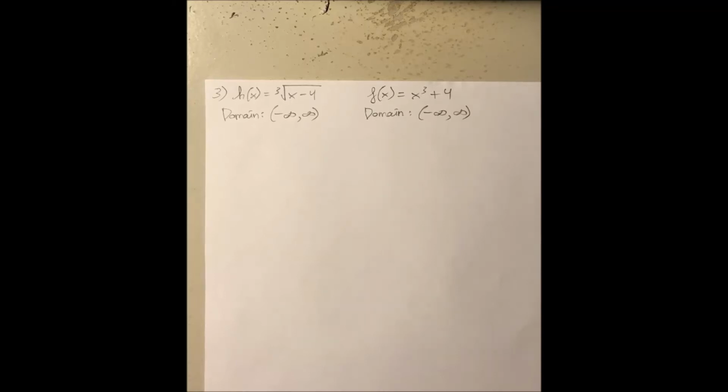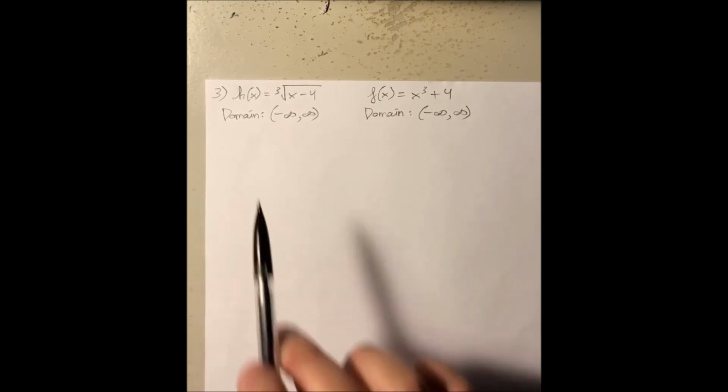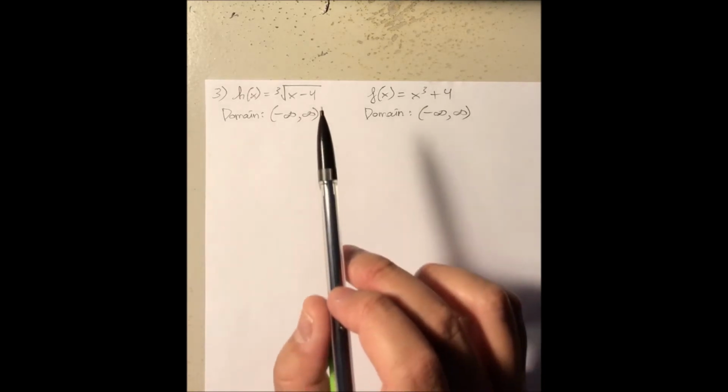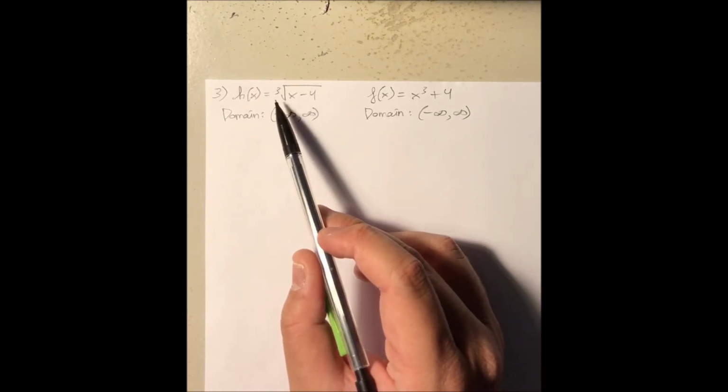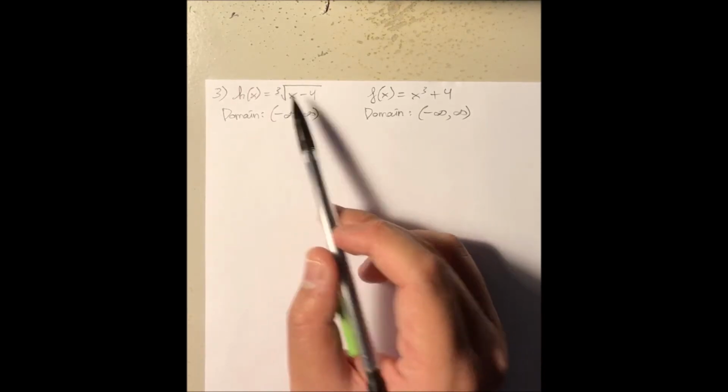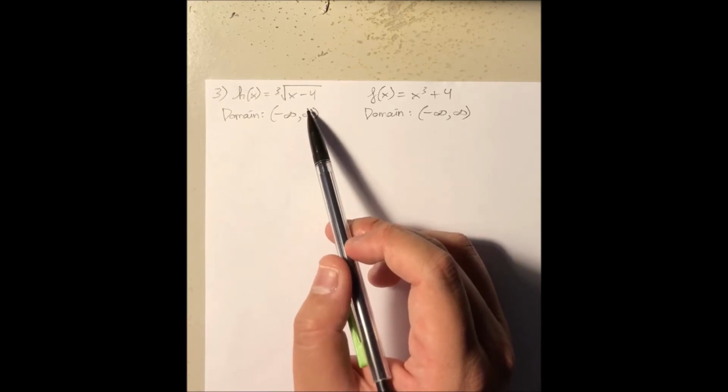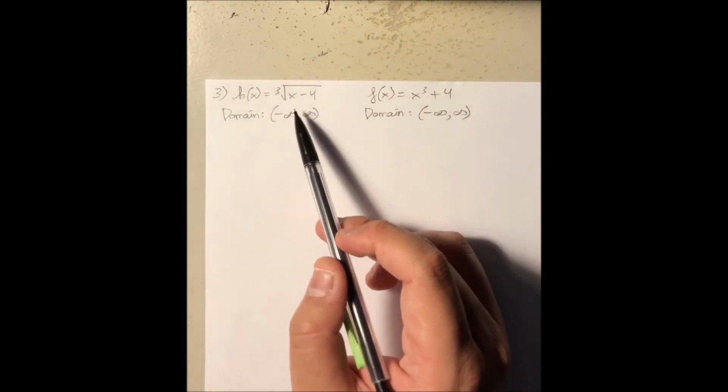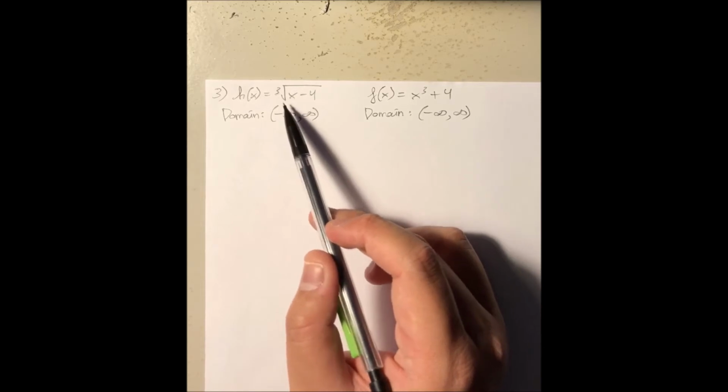All right, let's go over the last example. Example number 3 of composition of these two functions: h of x equals the cube root of x minus 4, and f of x equals x cubed plus 4. I already went ahead and found the domain of these two functions. For the function h, for any odd root function, it is okay to have any negative number underneath any odd root.